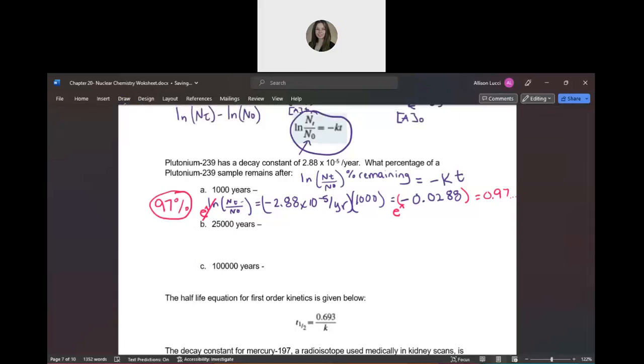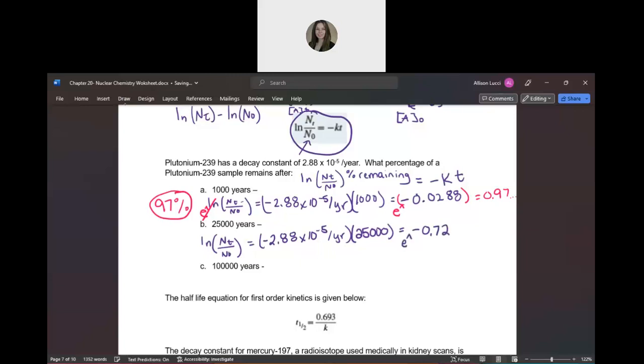Let's look at that again, but with a different amount of time that passes. So we're going to have natural log of nt over n0, same rate constant, so negative 2.88 times 10 to the negative 5th per year. Again, this is how much would decay of our starting amount in a year. So after 25,000 years, we end up with negative 0.72.